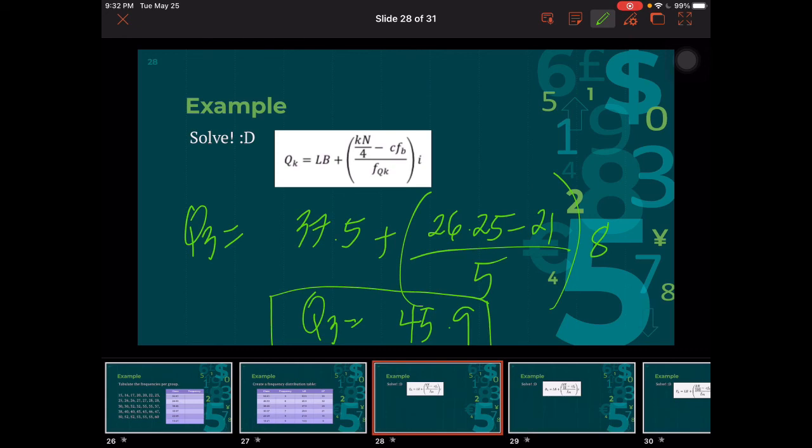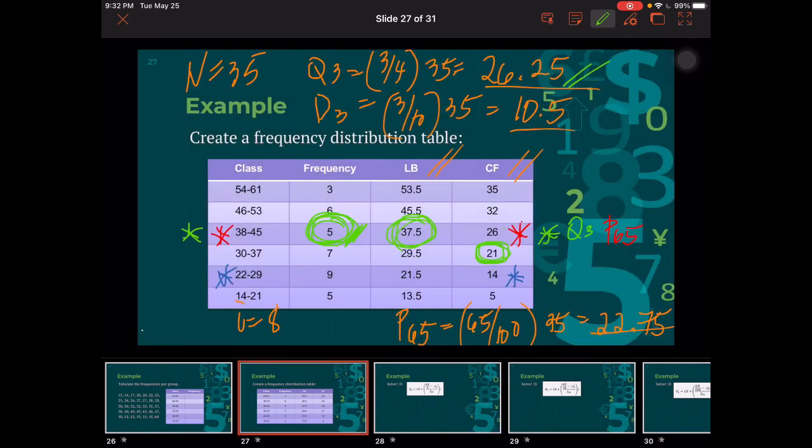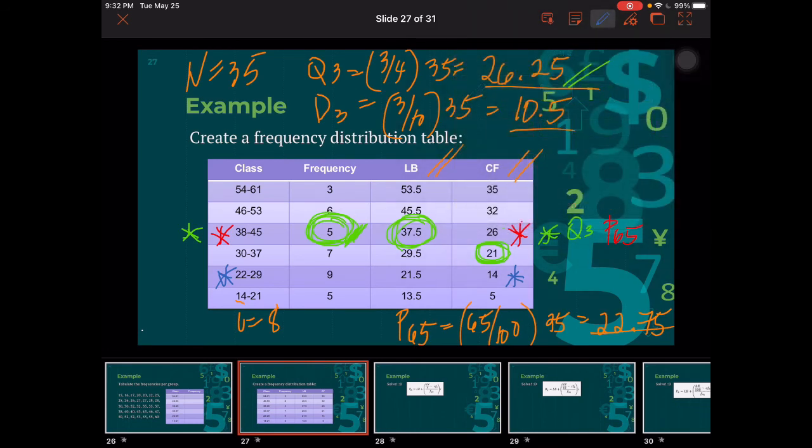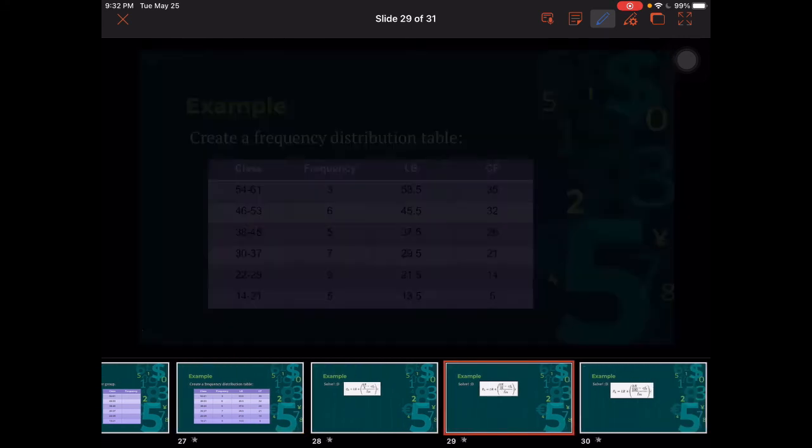Now, balikan natin. For decile 3 naman, I used blue. So, for decile 3, we need the frequency of that class, the lower boundary of that class, the previous class's cumulative frequency. Okay? So we're gonna start with the lower boundary, which is 21.5.